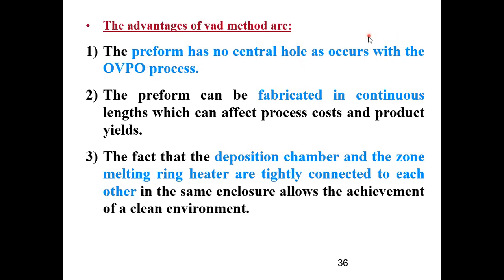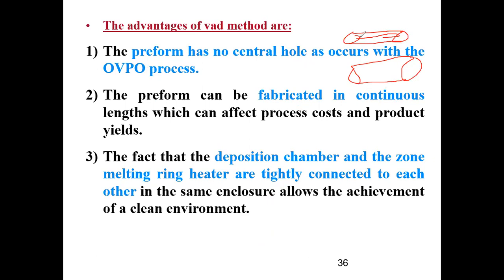Okay, one preform जो है, जो outside vapor phase oxidation से हुआ है. Okay, so I have a rod which has a central hole. मतलब यहाँ पे gap है. Okay, and I have another rod which is continuous. There is no hole kind of structure. It is continuous. Consider the dimension as same, even though I have drawn one thick and one thin.